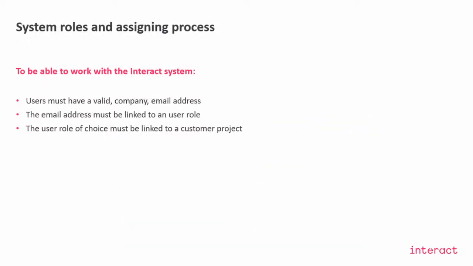In order to request a new user account, we would need to have an email address, and that email address should be a company or corporate email address, so it can be associated with the customer. We need to define the user role, and we have several user roles available in the Interact system, and the user role defines which applications can be used.